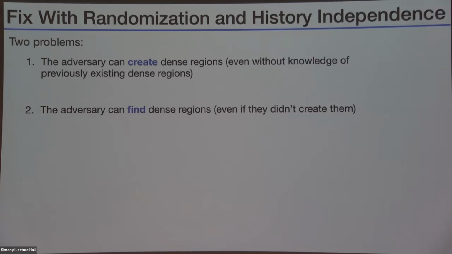I'm not sure I understand 2 at all. I don't understand how the algorithm can create dense regions without the adversary. It depends on the choice of. Yes, I'm not saying in particular that the algorithm that I just told you about creates dense regions. I'm saying that, in general, you could imagine some algorithm that is more likely to concentrate a lot of elements around index 10 or whatever.